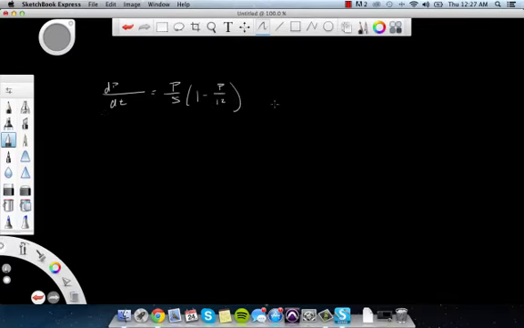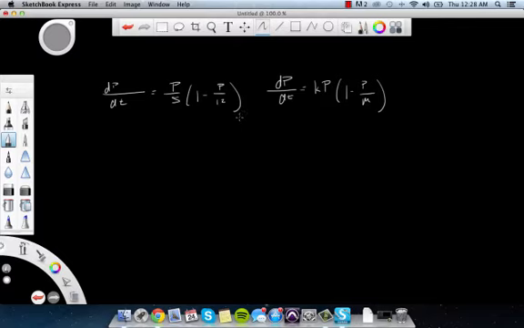So this is what's given. The standard logistic differential equation is dp over dt equals k, which is a constant of proportionality, p, which obviously represents your population, times 1 minus p over m, where m is the carrying capacity.